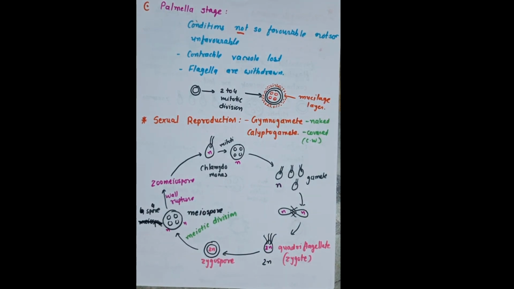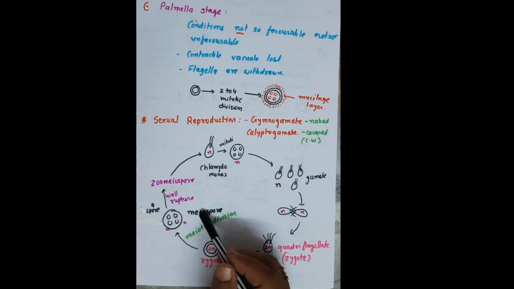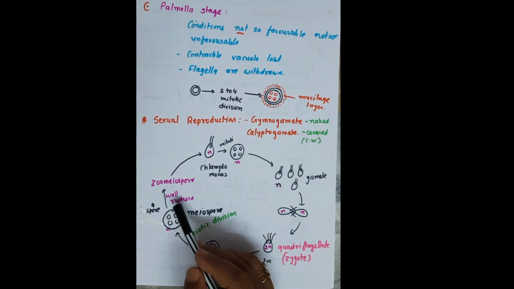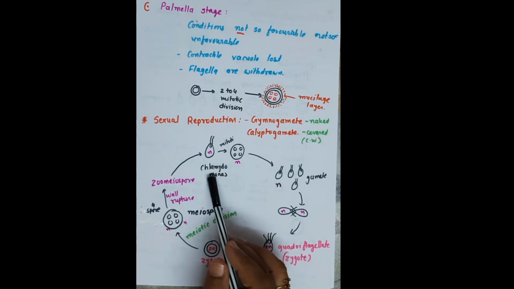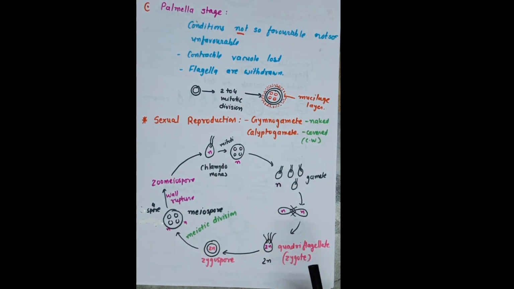Right? Okay. Now when the wall of these meiospores is ruptured, the spores are released. Now they are known as zoomeiospores, and later they are converted into mature Chlamydomonas.